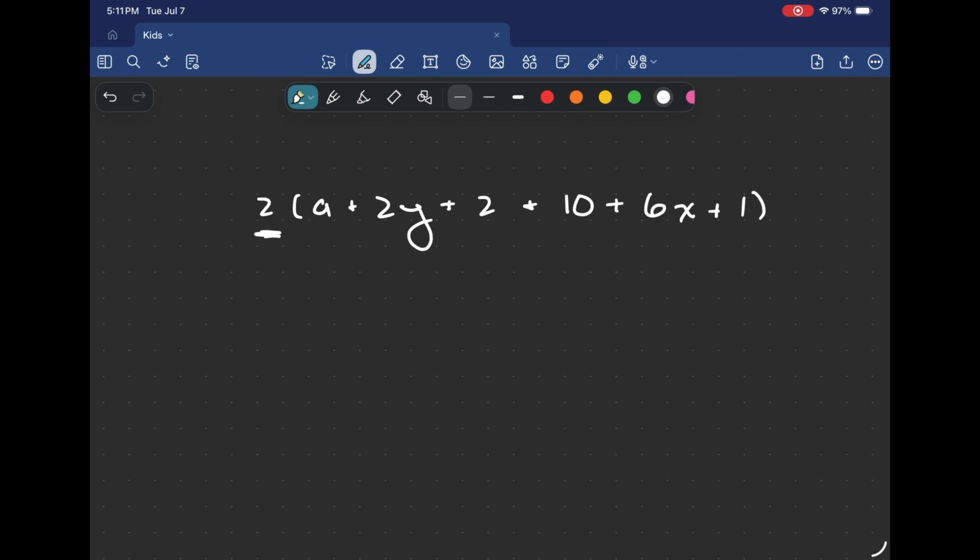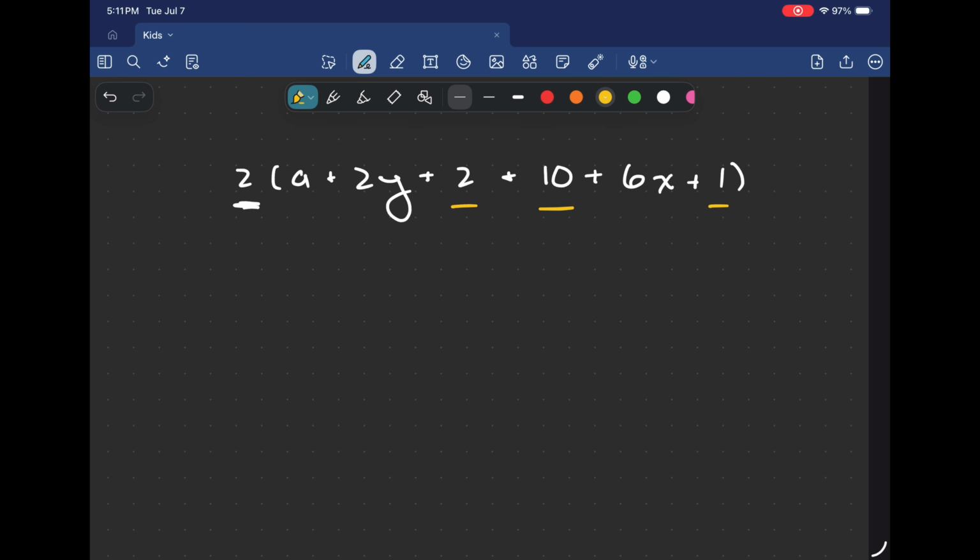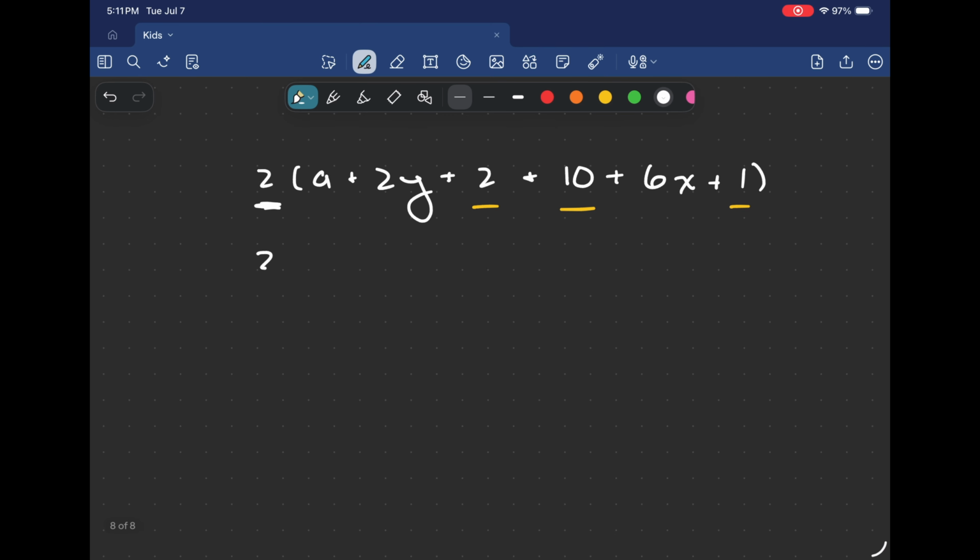Let's add what's in the parentheses that are like terms together first. So we have 2, 10, and 1. These are all like terms because they have no variable attached. So we can make this 2a plus 2y, and then we have to make sure we carry the 6x over, 6x, and 2 plus 10 plus 1 is 13.